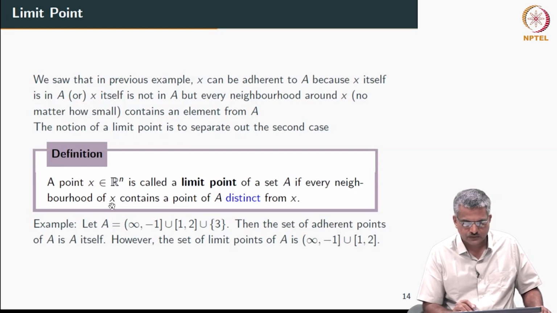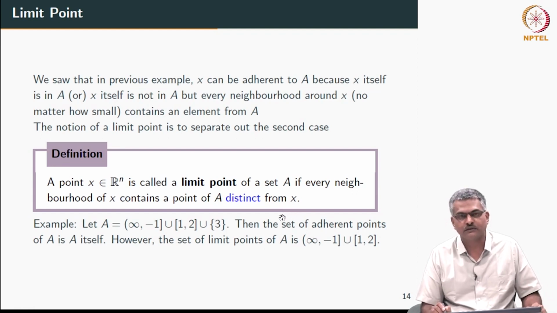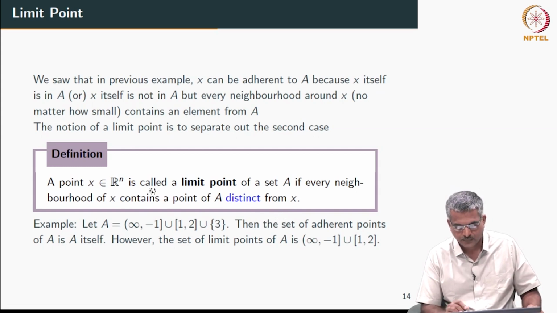A point x in Rn is said to be a limit point of a set A if every neighborhood of x contains a point of A distinct from x. So, unlike an adherent point where every neighborhood of x contains a point belonging to A, and that point could be x itself in the definition of adherent, in the definition of limit point the difference is that every neighborhood of x should contain a point distinct from x.